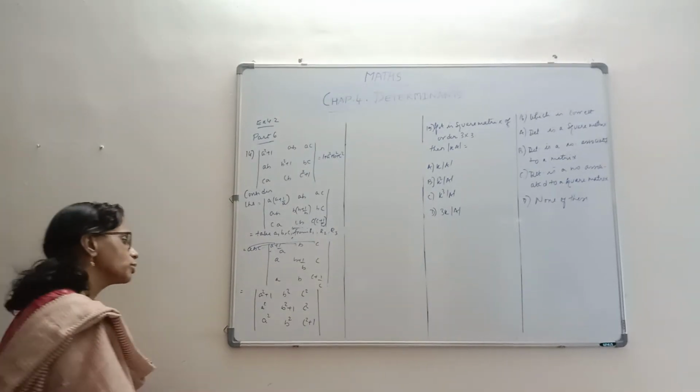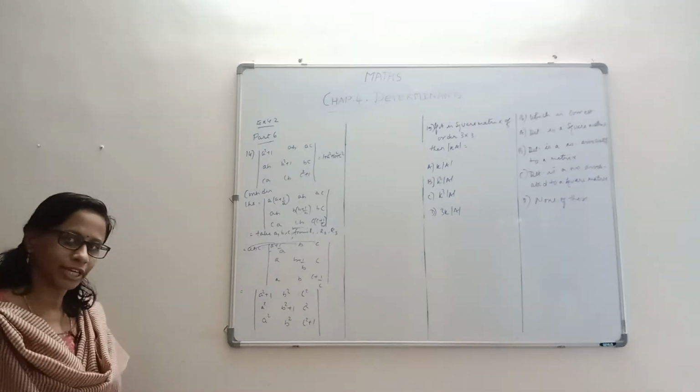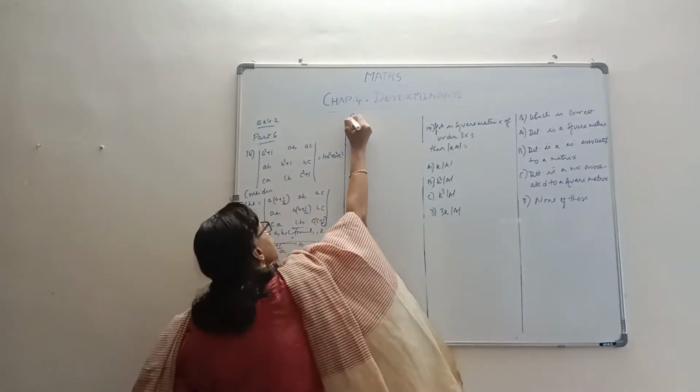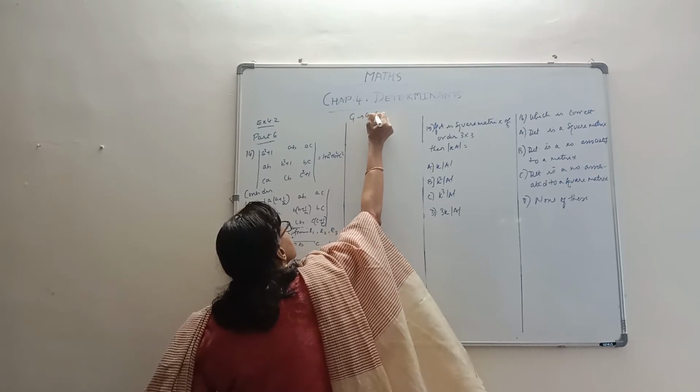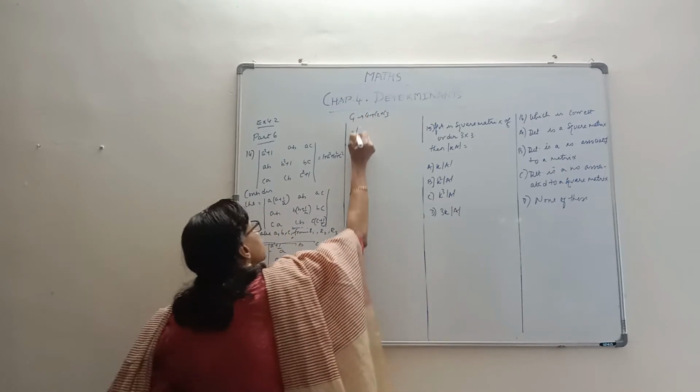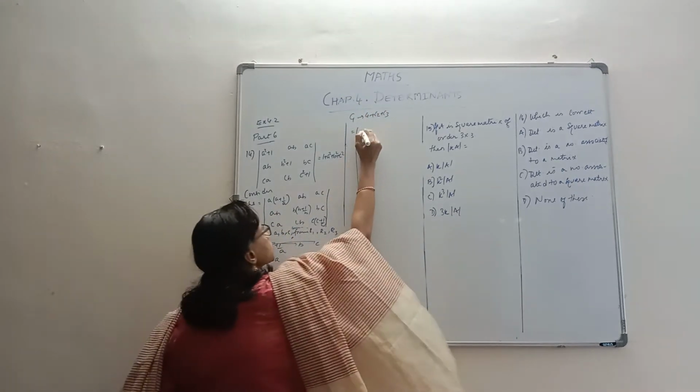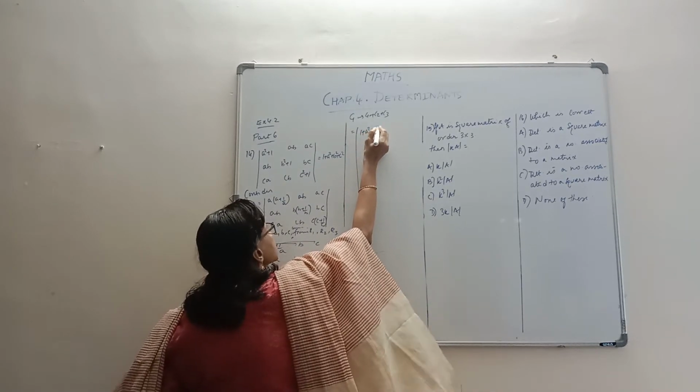So if you have the columns added, I think you'll get it. So let's have the columns added, C1 becoming C1 plus C2 plus C3. So what are we getting? 1 plus A squared plus B squared, first case.